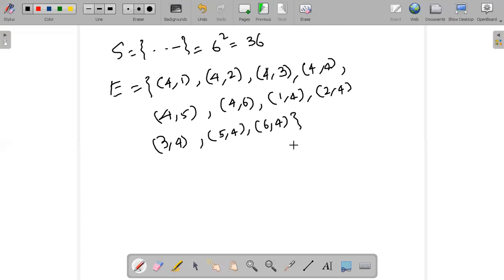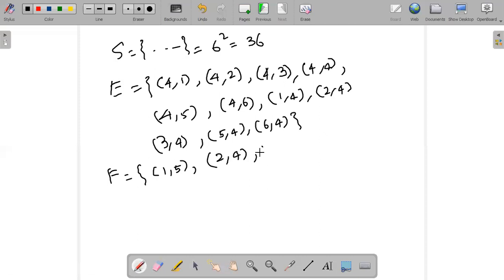Another event is F, the event that the sum of the numbers appearing is 6. So this should be 1 and 5. If you add it, you'll get 6. Again, 2 and 4.